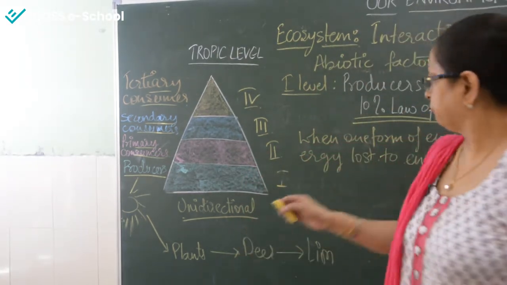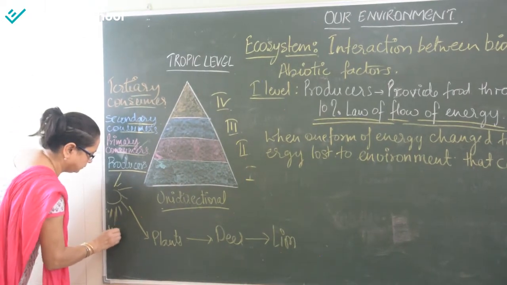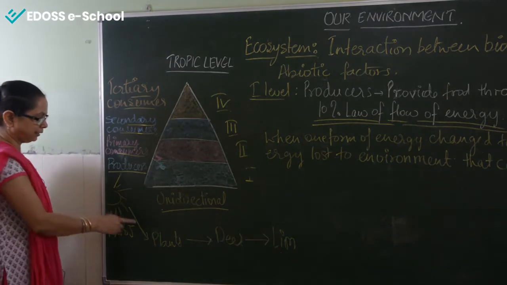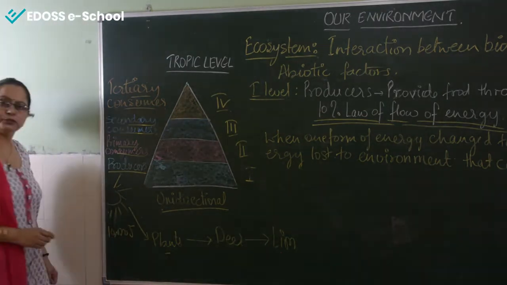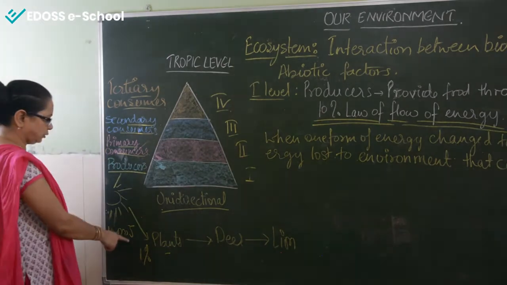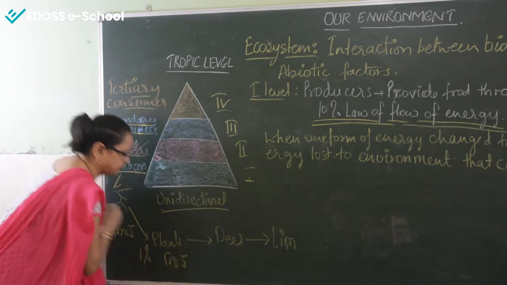So if the sunlight has 10,000 joules of energy, then how much energy does the plant consume? That is 1%. That means 1% of 10,000 means what? 100 joules, right?